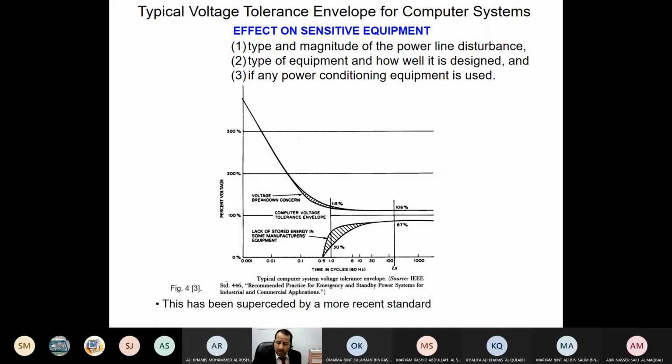Did we design the equipment to consider any type of disturbances? What types have been considered? And the third issue is, do we have a power conditioner, to improve the quality of the power waveforms coming to my load? These 3 points need to be considered to reduce the effect of disturbances meeting my equipment.